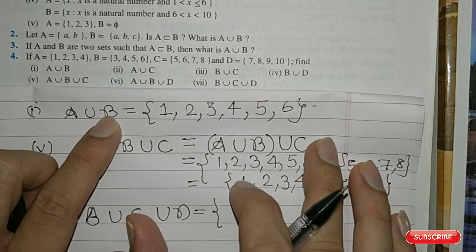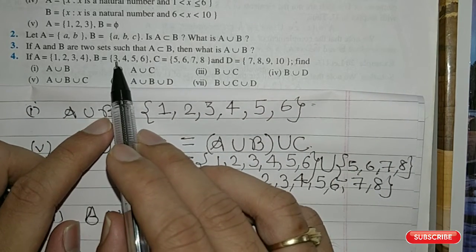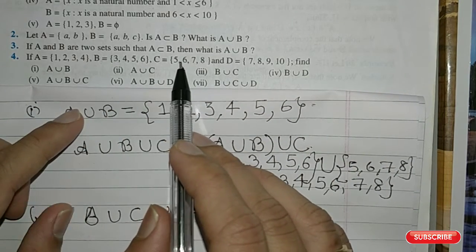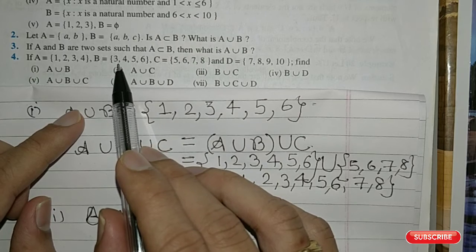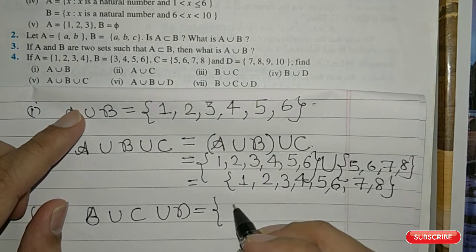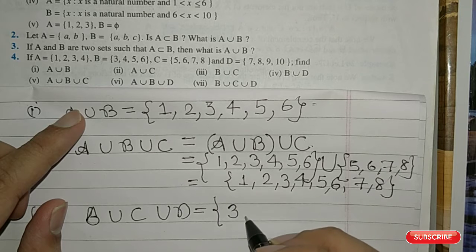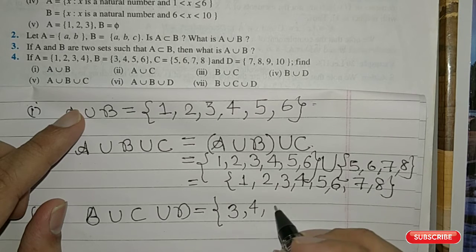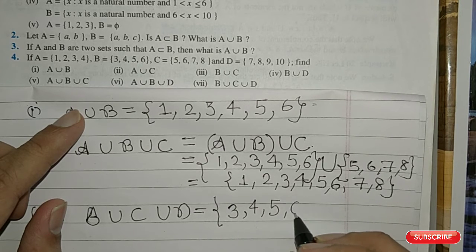In union, what you have to do is first write all the elements of the first set. So that will be nothing but 3, 4, 5 and 6.